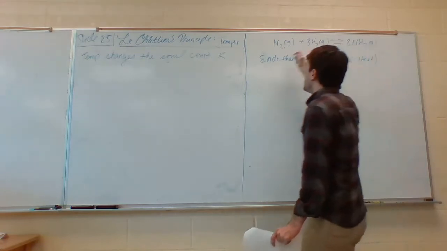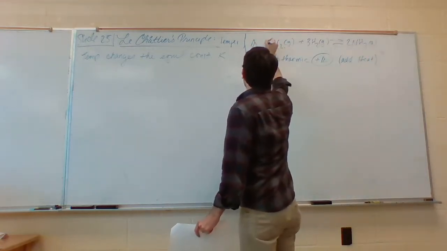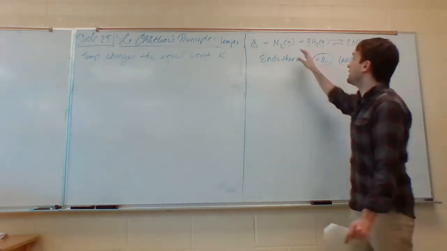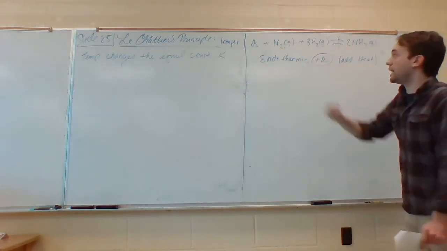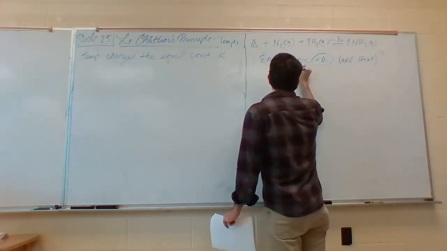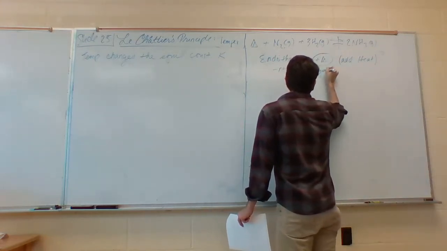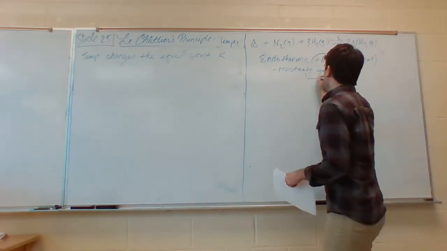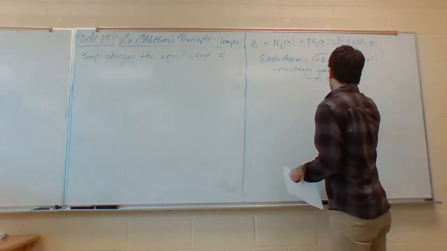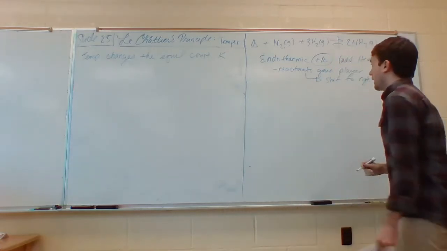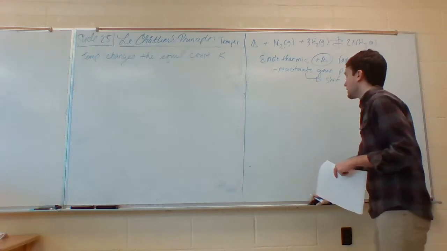So if we add heat, that means it gets added to the left. Okay? That means that this side gained a player, right? So our reactants gain a player. Okay? Which means that we shift to the right. Okay? When we add more heat.